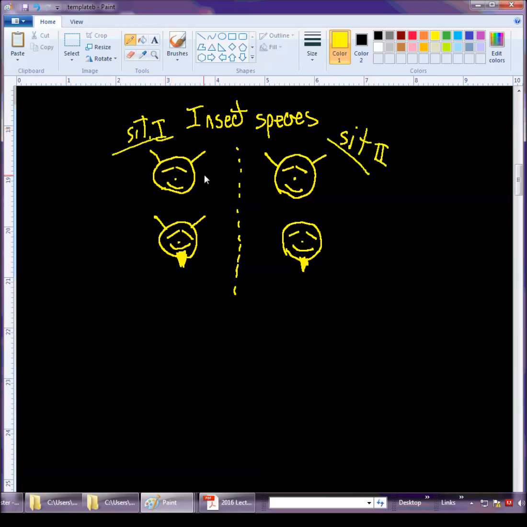I'll put little symbols here to clarify, males and females. Over here we'll call this situation A, which is consistent with the question. So the female is the heterogametic sex.